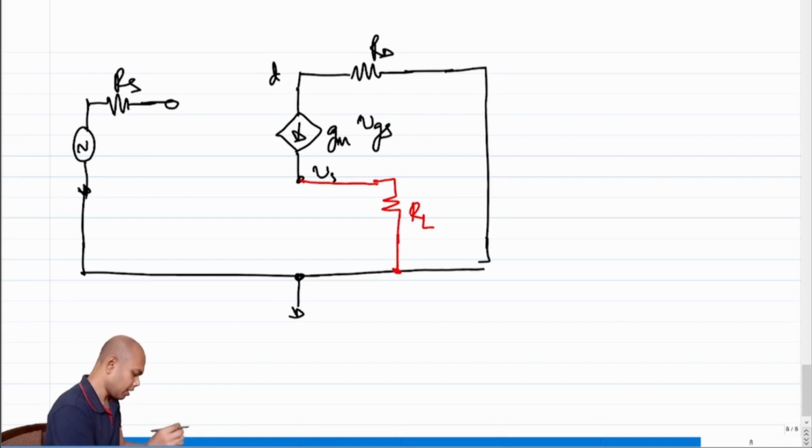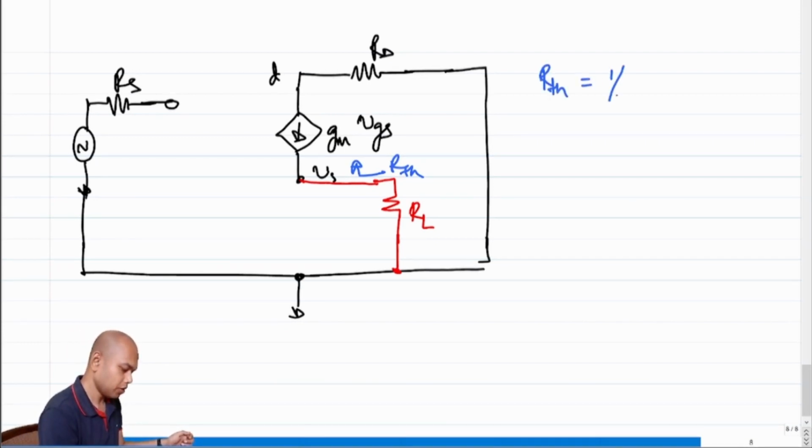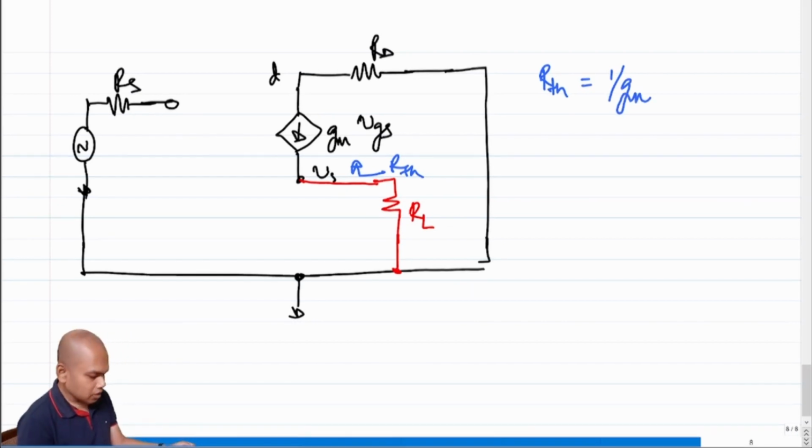What is the impedance looking in? What was the Thevenin impedance looking in, RTH? This we have already seen. RTH is 1 over Gm, correct? What is the relationship between RTH and RL?